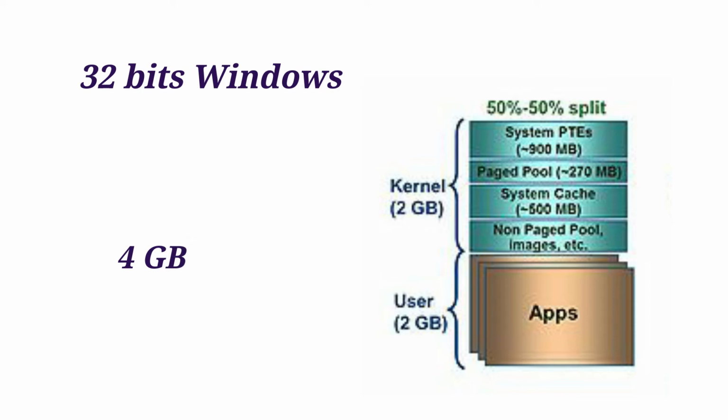With 4 GB of physical memory available, 2 GB will be allocated to the kernel and 2 GB to application memory. The kernel mode address space is shared across processes, and the application mode address space is allocated for each user process.